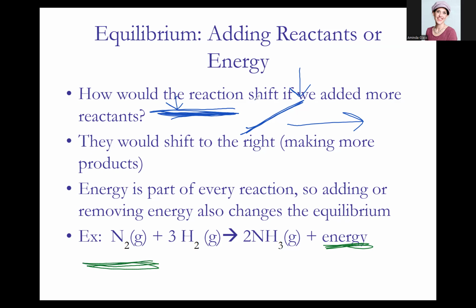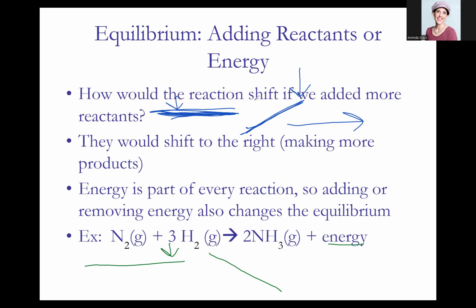So it's like this. It's all balanced, but I'm going to add energy. Energy is on the product side. So I'm adding more weight to the right side. So now my teeter-totter looks like this. What way do I need to push?